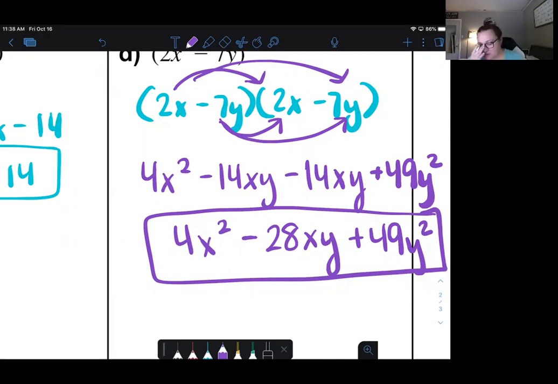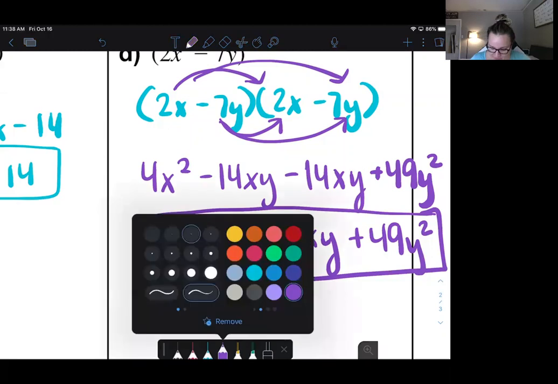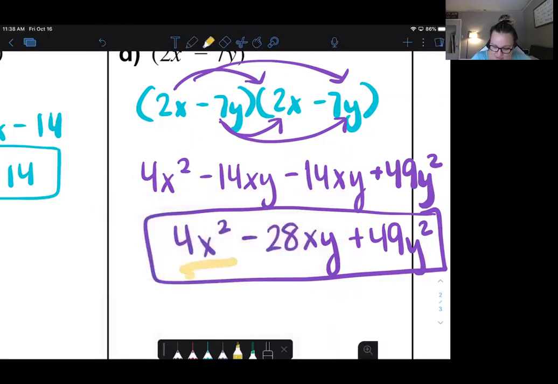Combine your two like middle terms and you get 4x squared minus 28xy plus 49y squared. Whenever you have two terms that have the same degree, it's common to write your final answer like this. You always list alphabetically, so x, you would list x squared first, and then you put y squared second with everything else in the middle.